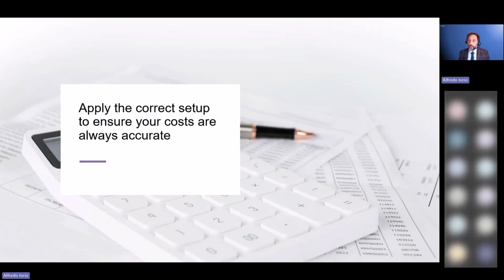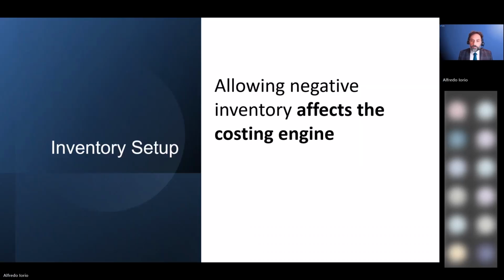I teach consultants and users how the system works, and we often find the wrong setup. So just a couple of things, really, because Business Central, unlike finance and operations, is very easy to set up and configure. Very easy. The first thing to consider, allowing negative inventory affects the costing engine.